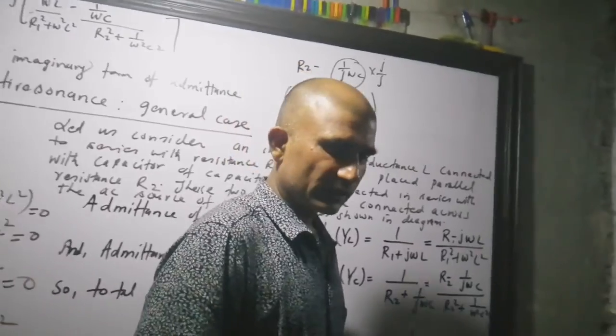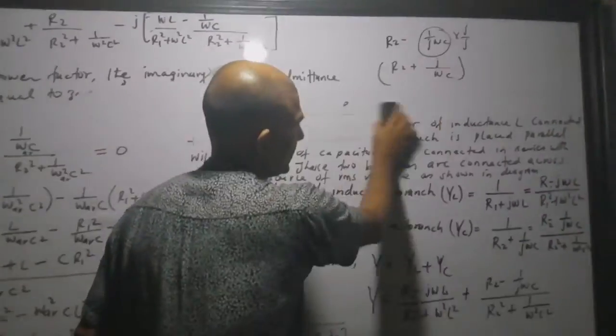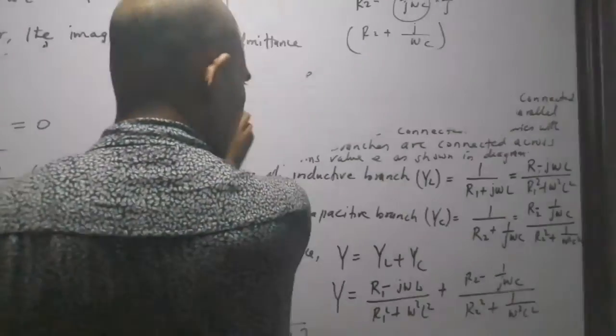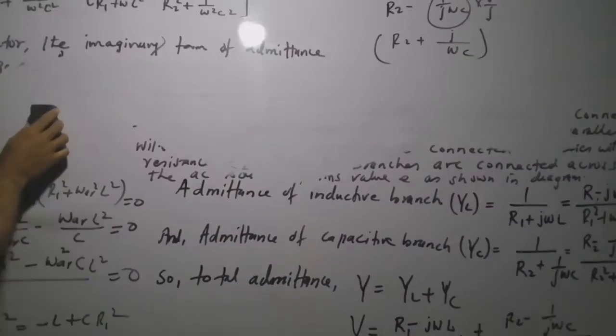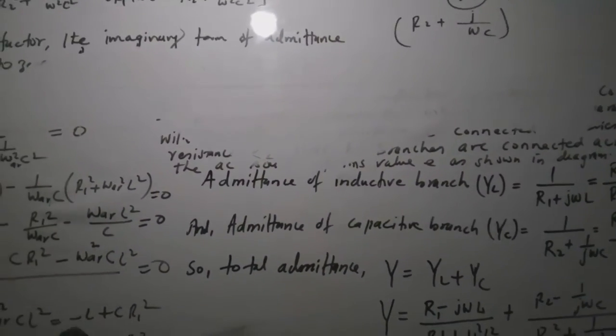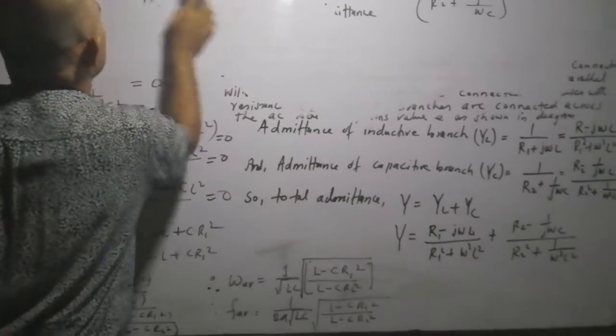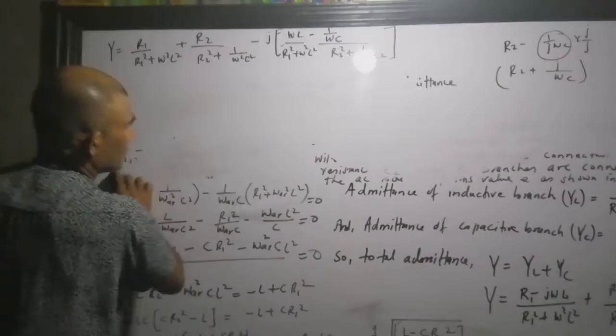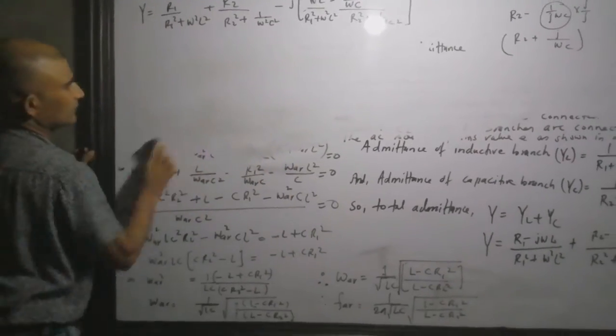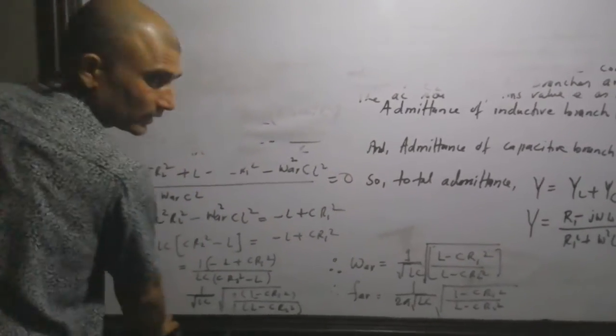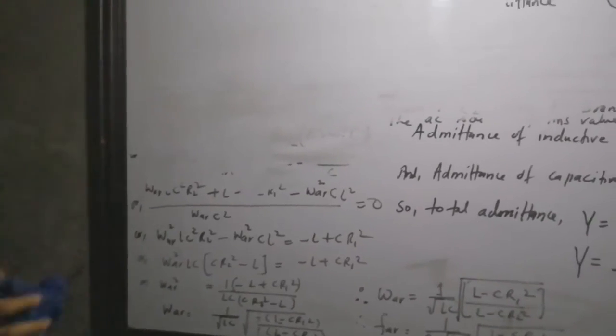So let me drop this, so I don't require this now, any of these terms. I require the total admittance, which is there only. Okay, and so total admittance we require, and this I don't need. Oh, this is not properly. Let me go with this.